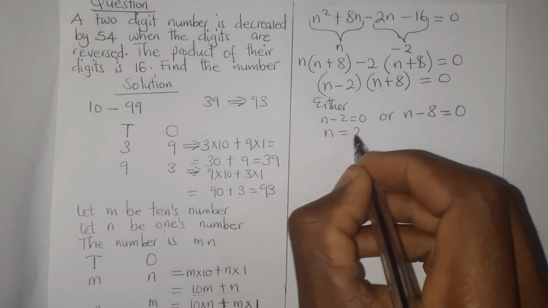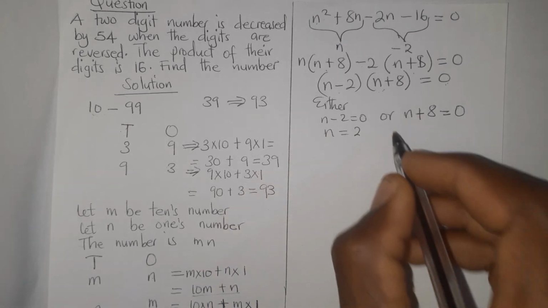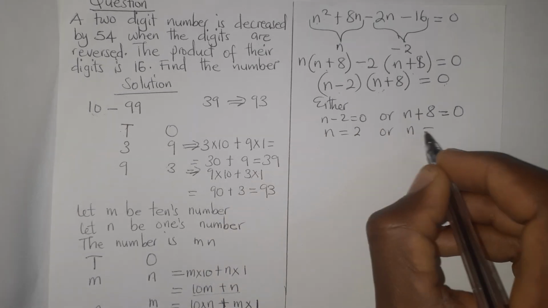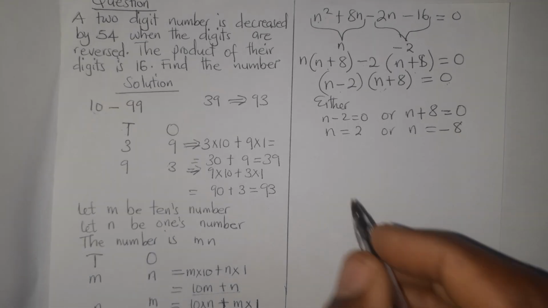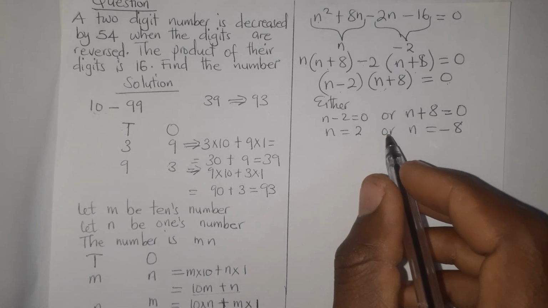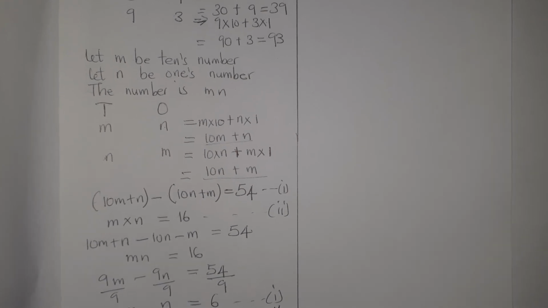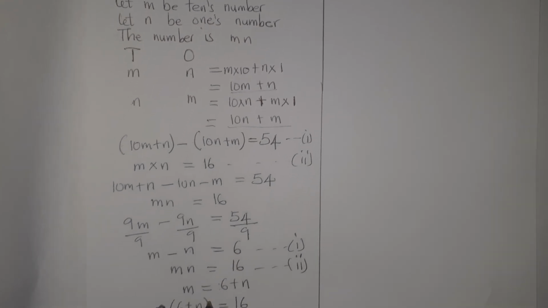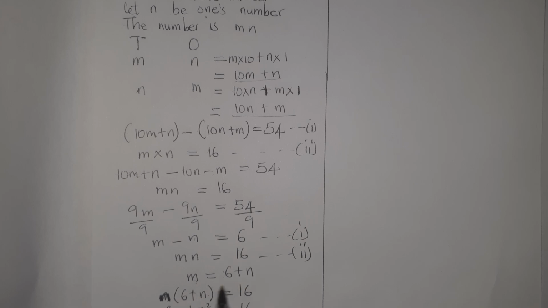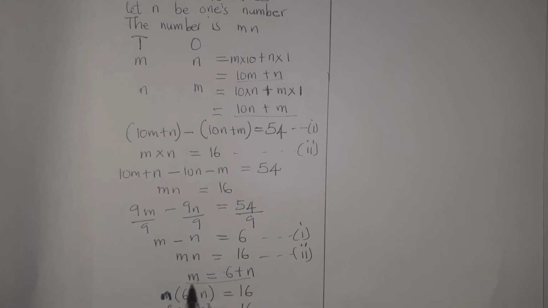Now n is equal to 2, or n is equal to negative 8. After getting these, we substitute into this equation to get the value of m.